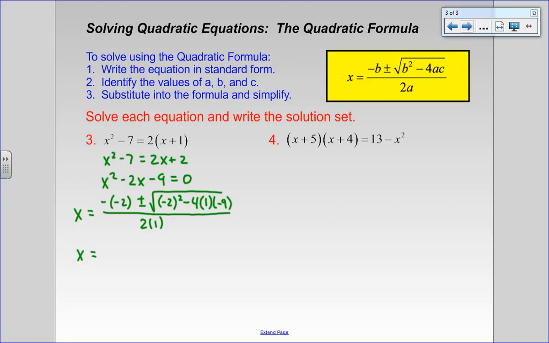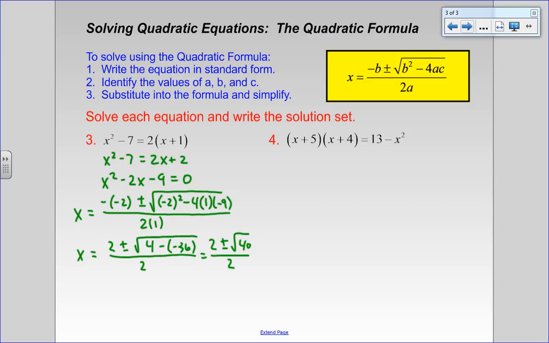Simplifying, we have 2 plus or minus the square root of 4 minus negative 36 all over 2, or 2 plus or minus the square root of 40 over 2.